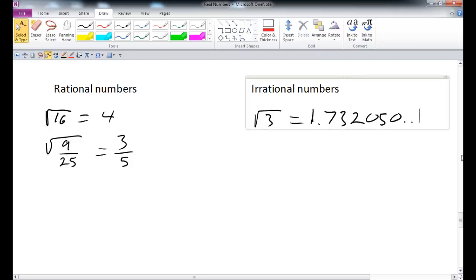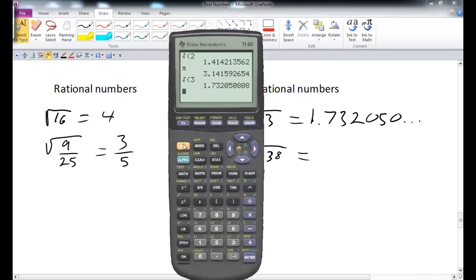So if we take the square root of a number that's not a perfect square, something like 1.38, we get an irrational number. Let's try that one. You can see we've got a non-terminating, non-repeating decimal.